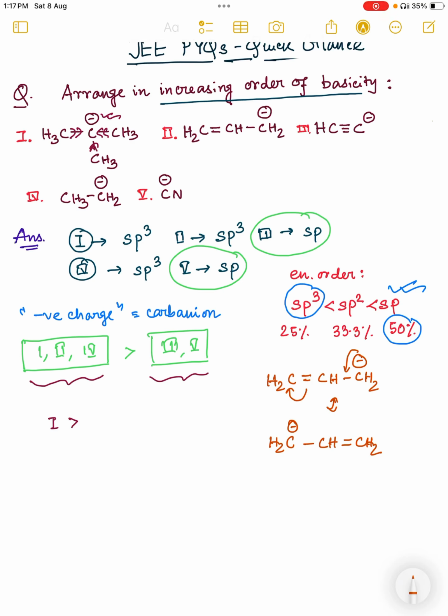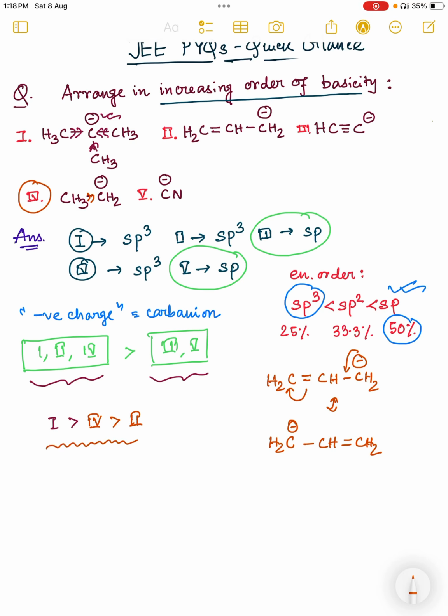So that's why this carbanion, 2, is a bit stabilized. But if we come to 4, the CH3CH2 minus, it has only one methyl plus I effect, so its basicity is not as high. So 1 will be greater than 4, that will be greater than 2. So this is the order between these three.